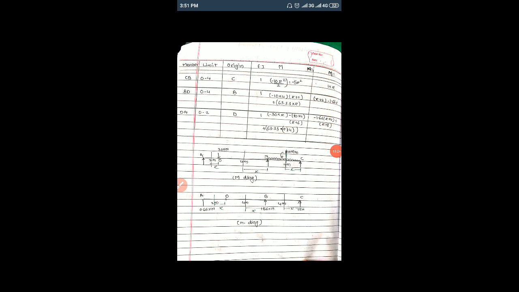Now the next part is member DA. Member DA has a 2 meter span, with origin at D, and the limit is 0 to 2. We'll finish this part and then go for the calculation of M. EI is 1, constant for both the spans.